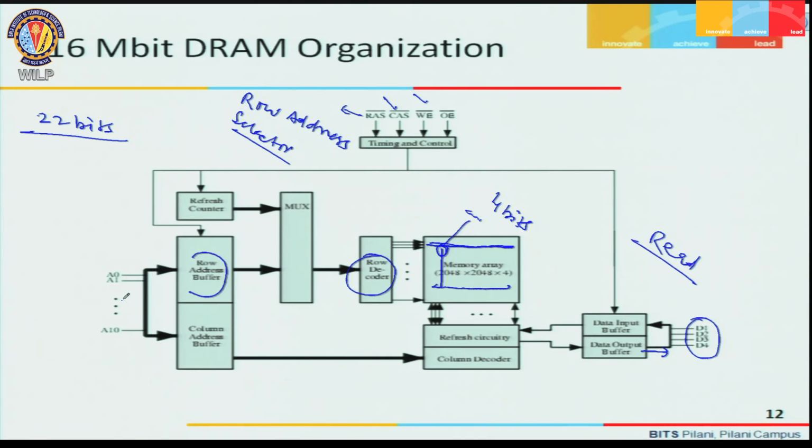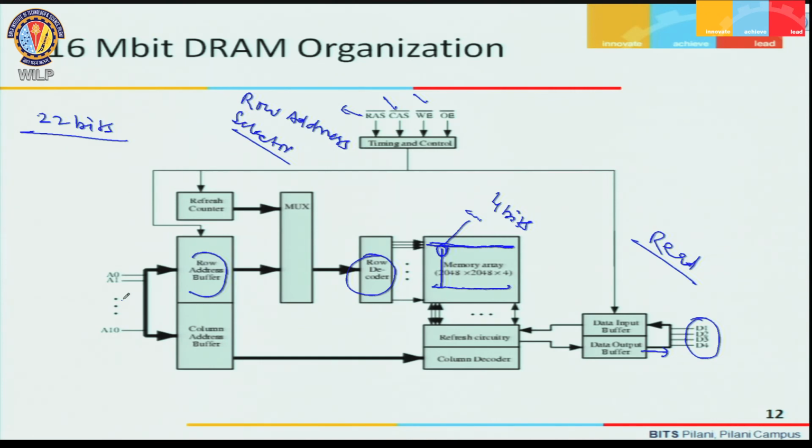Half the row address in one cycle, or 1 or 2 cycles depending upon the latency of the memory technology, and 1 or 2 cycles are required for identifying the column address. So, that delay will be there compared to if all 20 bits are identifying the location in a single cycle.